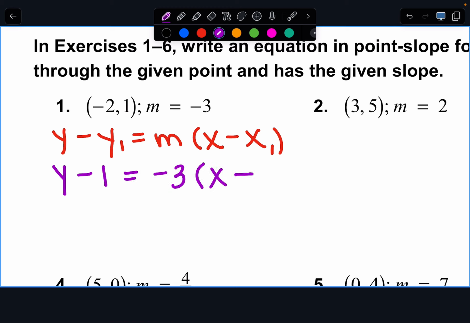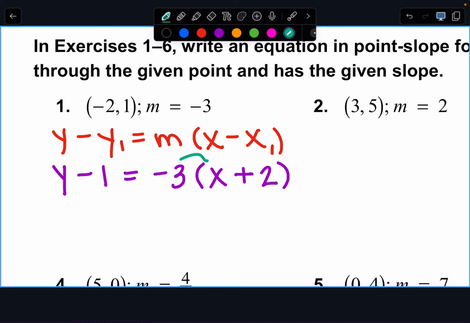So I got y equals 3 and 5. Okay, does your first step look like this? Did you write y minus 1 equals -3 times x plus 2? Yes. Okay.